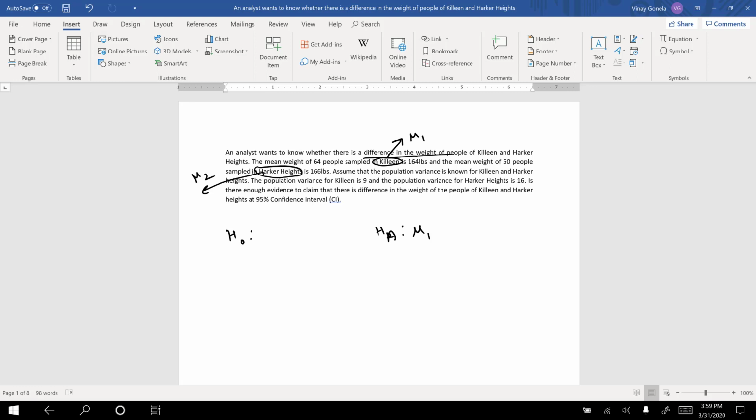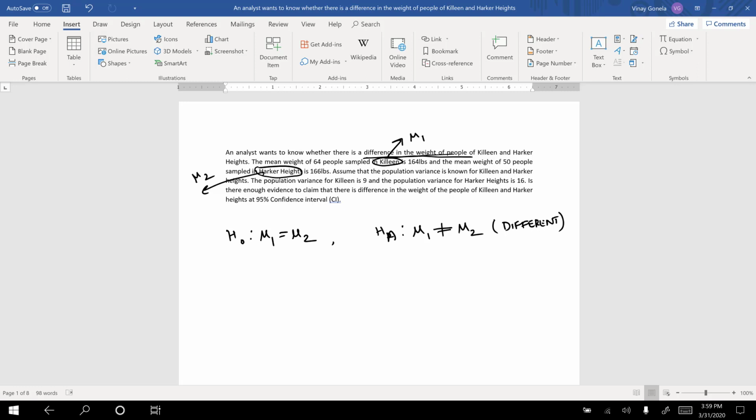So there is a difference in the weight, and that is what we want to evaluate. When mu1 is not equal to mu2, that means they are different. So this alternative is what is given, and our null hypothesis will be that both are equal.